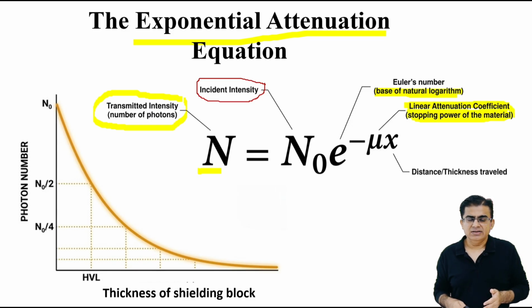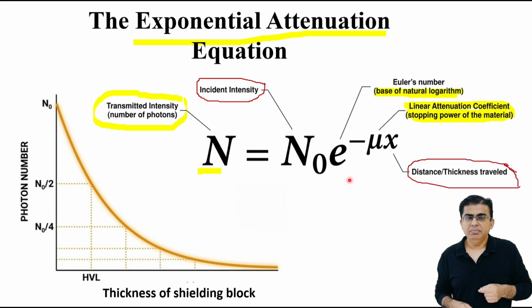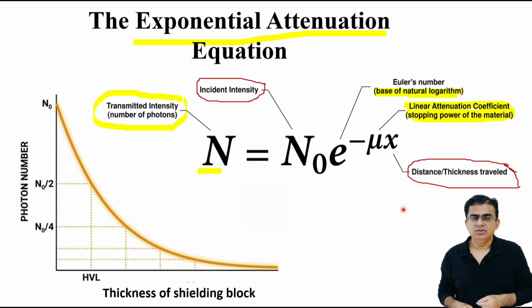As we discussed earlier, this strictly tells us the true stopping power of the specific material. Finally, look at the letter x. This represents the thickness of the shielding material that the beam has to pass through.